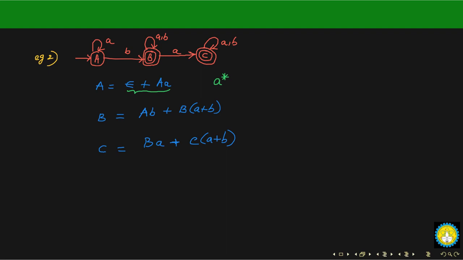Now let's try to substitute. So if you look at B, we know from here that A is nothing but A star. Now we can put this in our expression. So if you put it there, then what we are going to get is B equals, instead of A, we can write A star, and A star into B. So what I did is I replaced this A with A star.